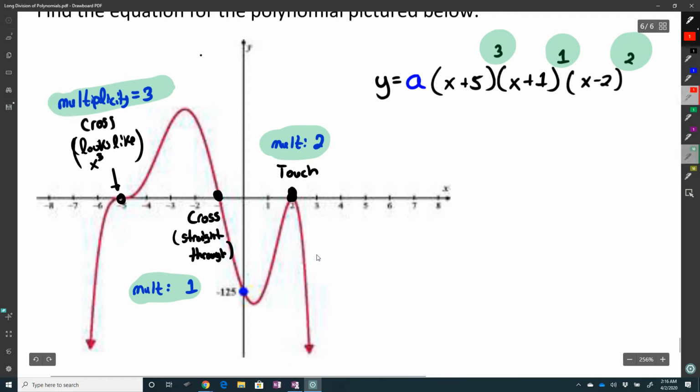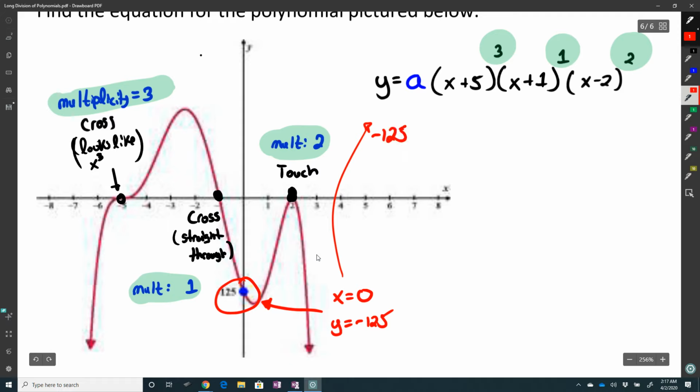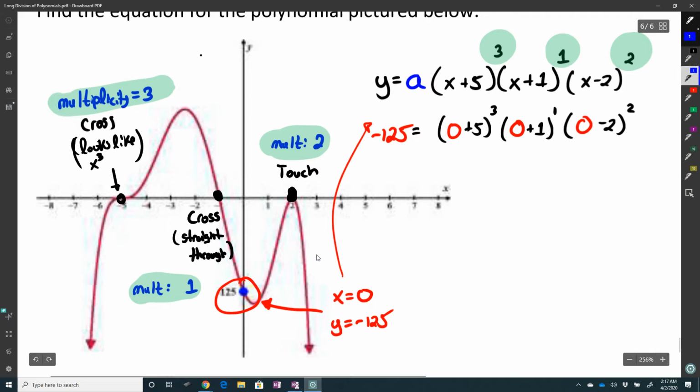Now I can go ahead and plug in the point. This point is telling me that if x equals 0, y equals negative 125. So I'm going to get that and I'm going to plug it in here. Okay, so we work it out.